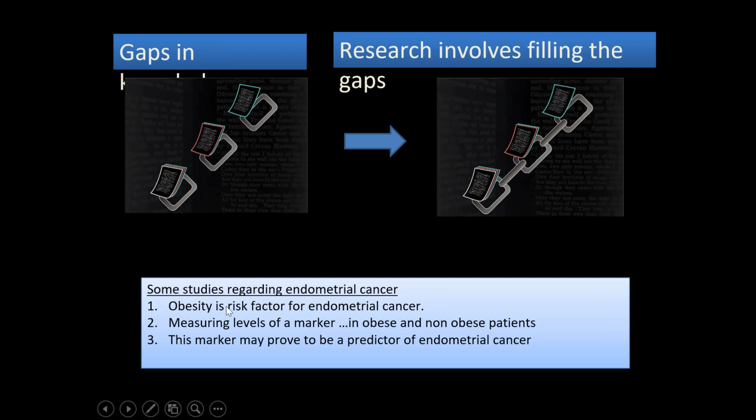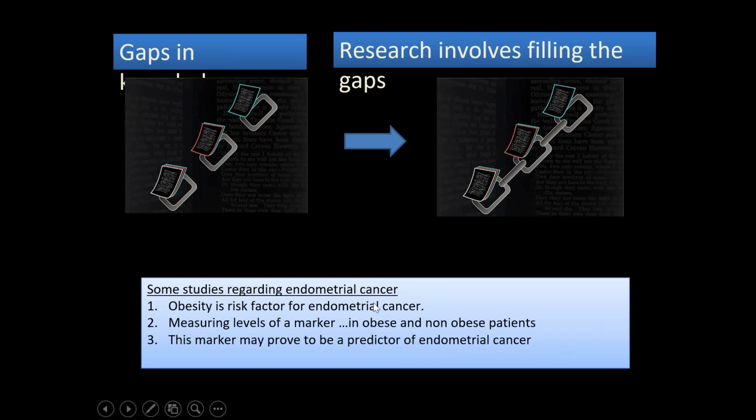So, for example, some studies regarding endometrial cancer say obesity is a risk factor for endometrial cancer, and then there is a marker where we measured levels in obese and non-obese patients, and we found that the marker was very high. It was some biochemical marker which was very high in obese patients. So can we say that this marker may be a predictor for endometrial cancer?